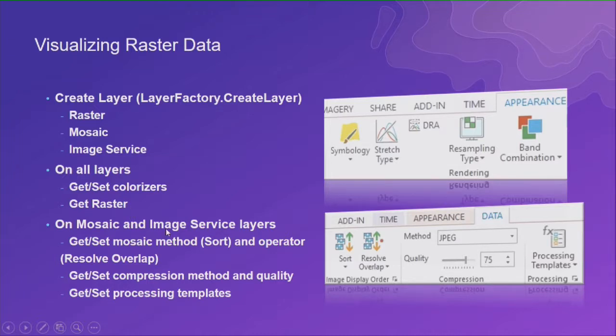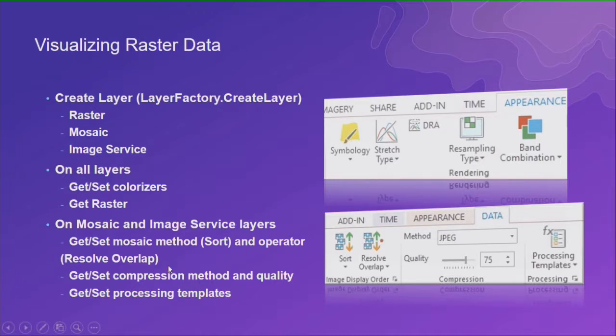Now, mosaics and image service layers are special in that they have some additional properties. Both are mosaicing images on the fly. So the additional properties are usually related to how they mosaic the imagery and how much imagery gets transmitted. So you have additional properties such as the mosaic method, which defines the sorting of the images that are being mosaiced, and the mosaic operator, which resolves overlaps between the different items in your mosaic.